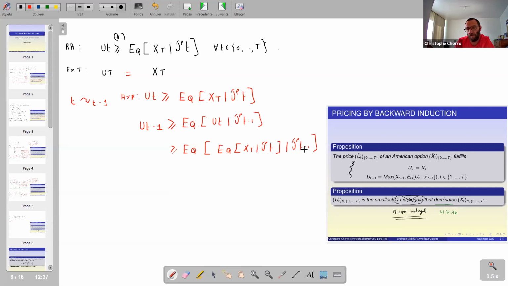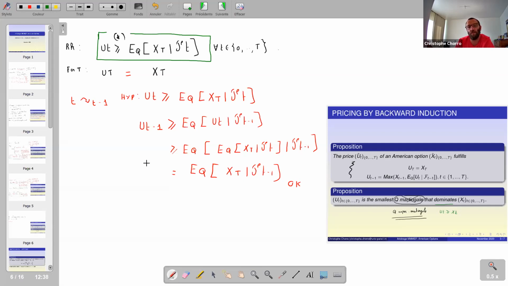And since ft minus 1 is included in ft, using the tower property of the conditional expectation, I see that here I have exactly what I wanted to prove at time t minus 1. So here I have proved by backward induction that ut is greater than the expectation under Q of x capital T given ft.